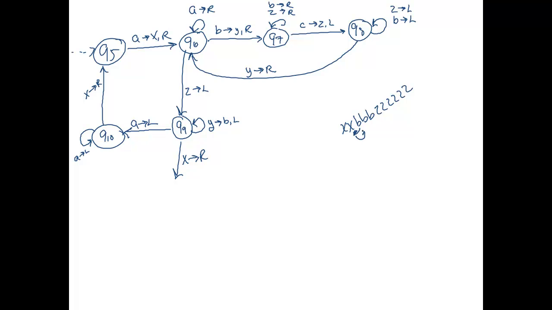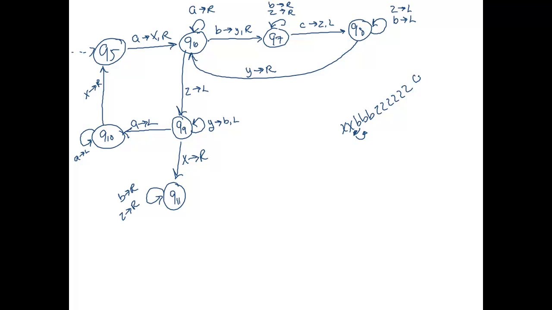Okay, I'm in Q11. Remember we said we're going to skip over the B's. On B's, move right. We also want to move right through any Z's. Z's are crossed off C's. If at any point my string looked like this and this happens, I would reject. So I don't have a transition on a C out of Q11 for good reason. This would take me to a reject state.